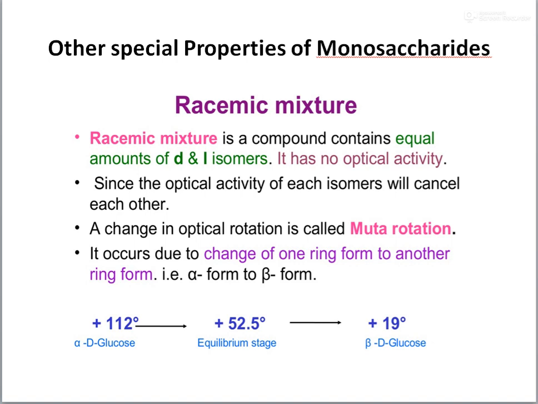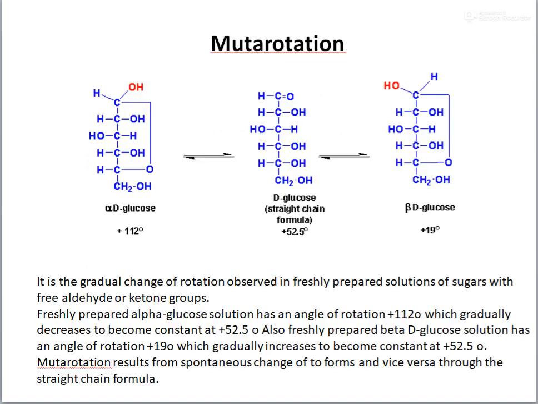The mixture becomes such that it contains equal quantities of both the D and L isomers. You can see over here, this is an alpha D glucose and this is a beta D glucose.